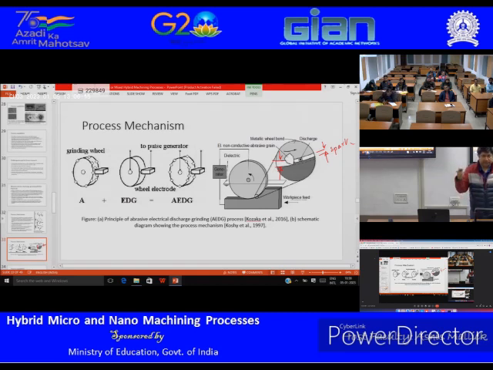But remember, for ECM, we showed the electrochemical dissolution happening, and in that way it will improve. But here, I think there is scope for improvement, where in some part of the process only EDM will go, and then there will be some combined process. If you can ensure that, I think it will probably be more effective. Okay, but that's how the process works.